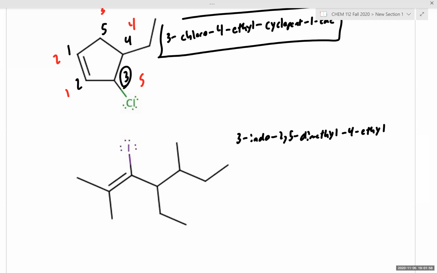Sorry about that. 3-iodo, 2,5-dimethyl, 4-ethyl, hept-2-ene. And so the question is, we're not sure if we count the di prefix in alphabetical order. So what does the class think? What does the class think on that? Is the di prefix counted? Does anyone have an alternative name? Do we agree with the proposed name?